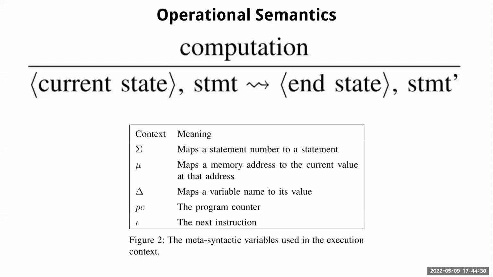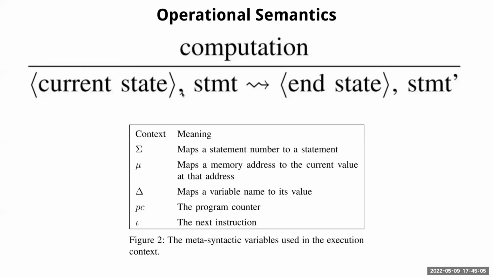So how many of you heard of this before? Operational semantics? No? Okay. So I believe if you took the compiler classes, this will be discussed. So in operational semantics, we have an operation here, a computation, or it could be an instruction. Then we define what this instruction means. Define means we say before this instruction, this is the state of the computer. The register state, the memory state, all the state we can define.